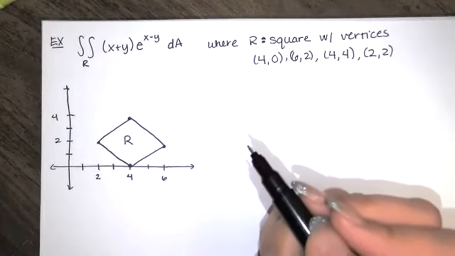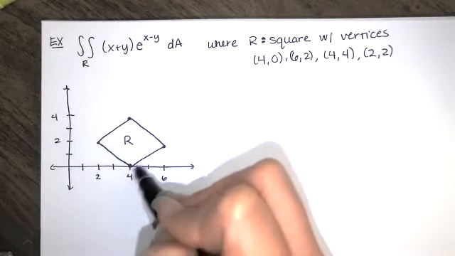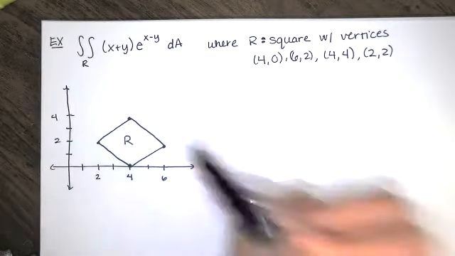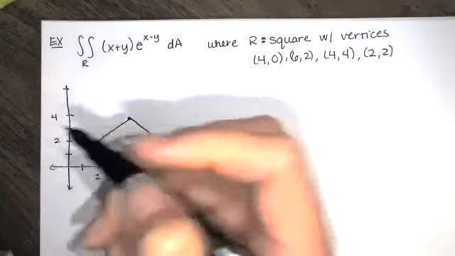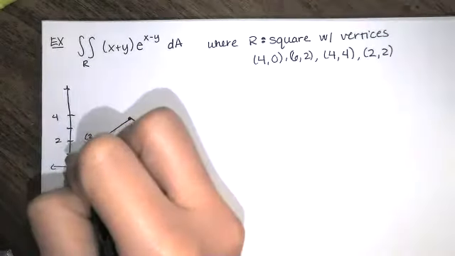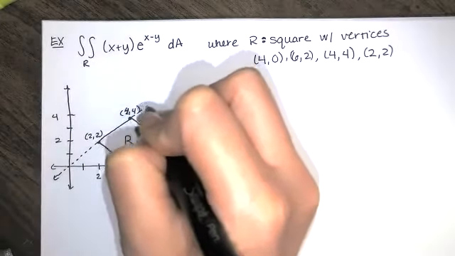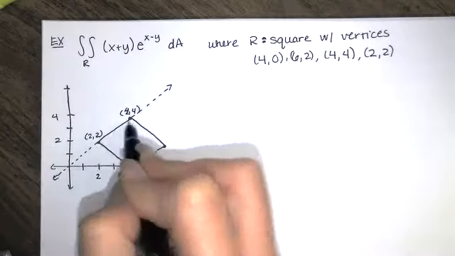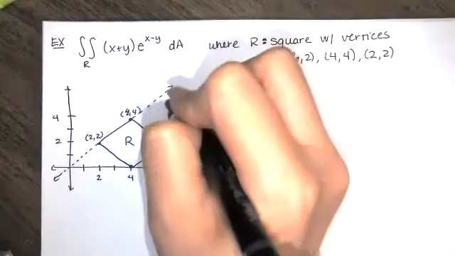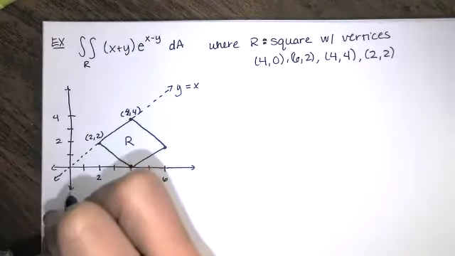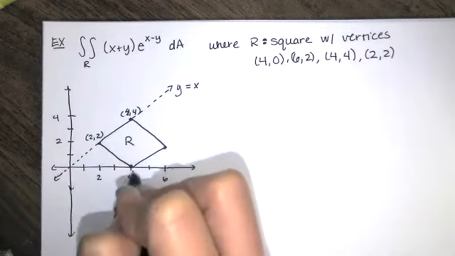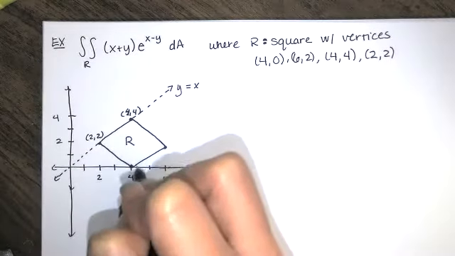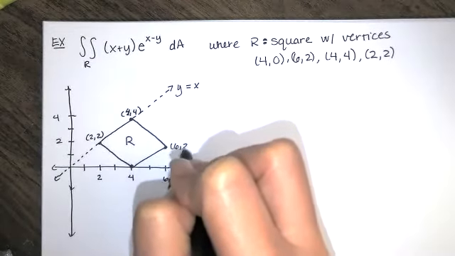Or everything might be easier if we describe this line segment and this line segment and this line segment and this line segment differently and change our variables. So first, I notice I've got a line that goes through 2, 2 and 4, 4 and the origin. So that's got to be y equals x. And this one goes through 4, 0 and 6, 2.